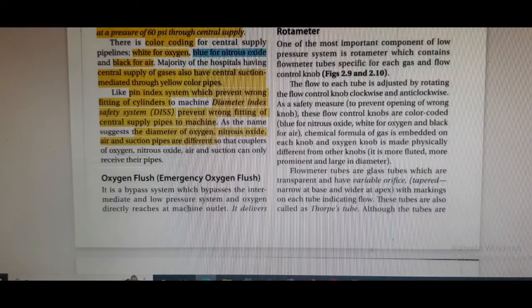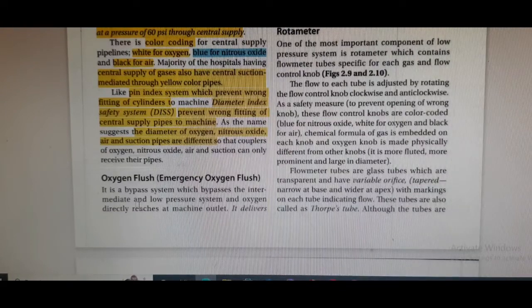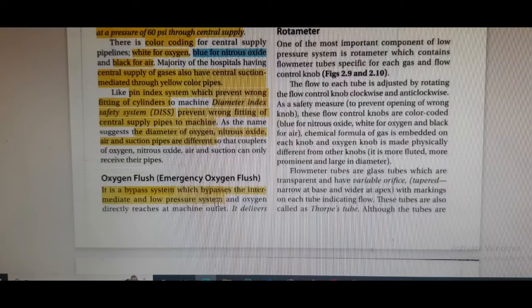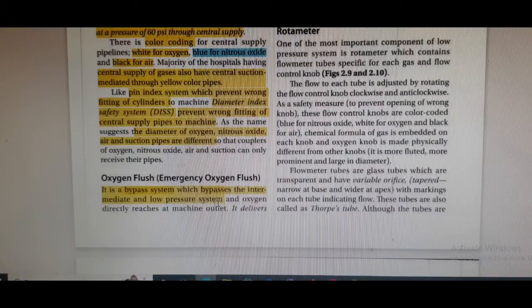Oxygen flush, or the emergency oxygen flush, is a bypass system which bypasses the intermediate and low pressure system. Firstly, we saw the three different pressure systems observed in the anesthesia machine: the high pressure, the intermediate pressure, and the low pressure system.